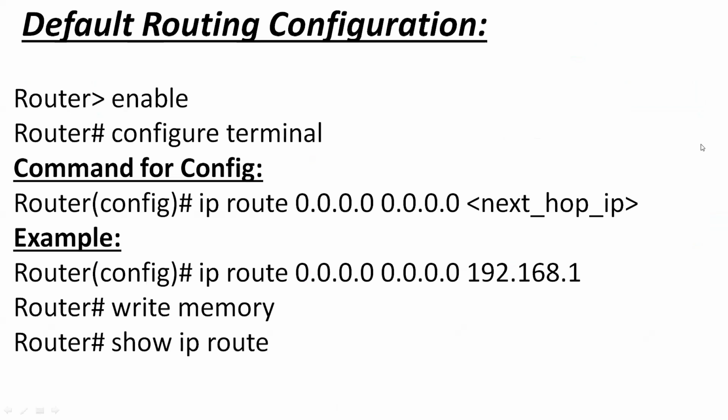To configure default routing, first we go to global configuration mode. Default routing can be configured by the command ip route 0.0.0.0 0.0.0.0 and the next hop IP address. That is, 0.0.0.0 with subnet mask 0.0.0.0 and the next hop IP address.